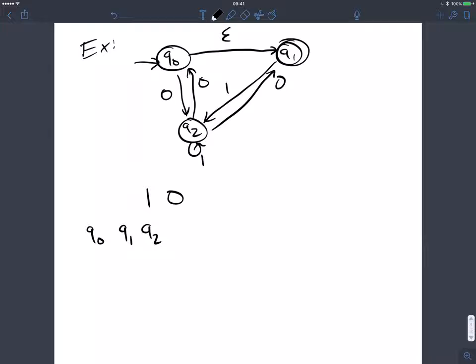But if I happen to pick, let's say, Q2 to Q0, well, I haven't accepted yet, but I've run out of input. Oh, but I can still take the epsilon transition without reading any more input. Even though the input's exhausted, I can still take epsilon transitions as much as I like. Okay? Then I go to Q1, and therefore I accept that input, 1, 0.